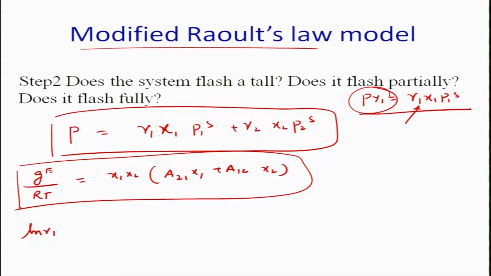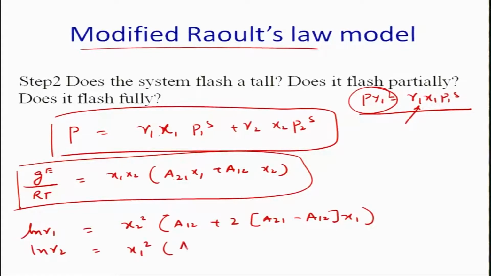So, ln gamma 1 is x2 squared times (A12 plus 2 (A21 minus A12) x1). Similarly, ln gamma 2 is x1 squared times (A21 plus 2 (A12 minus A21) x2). So, the question is how do you find A12 and A21?